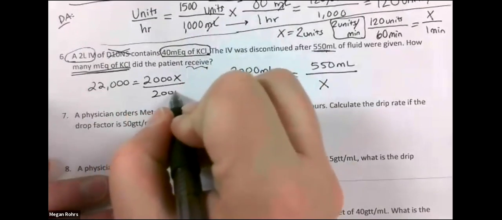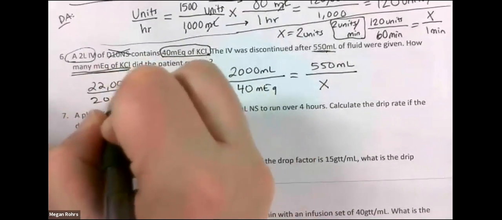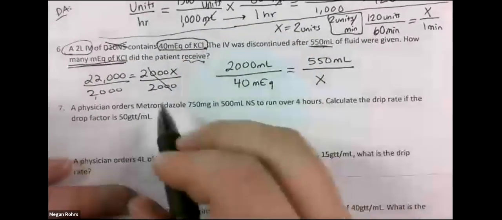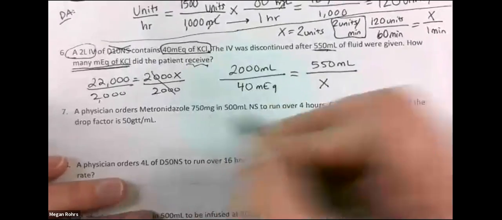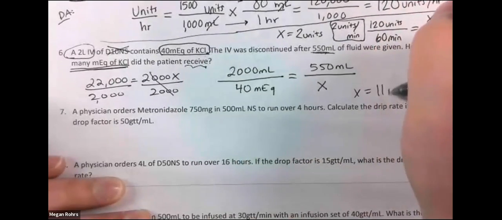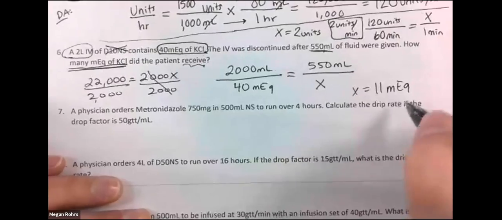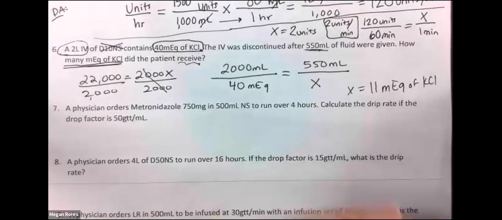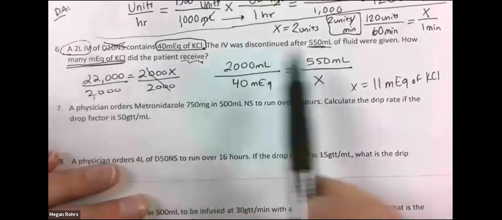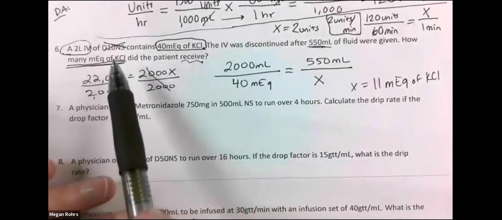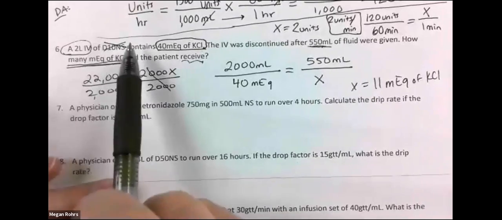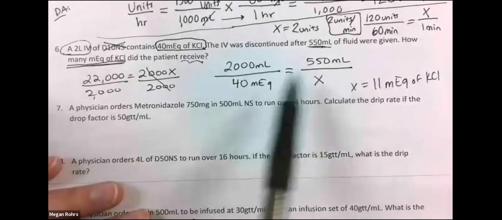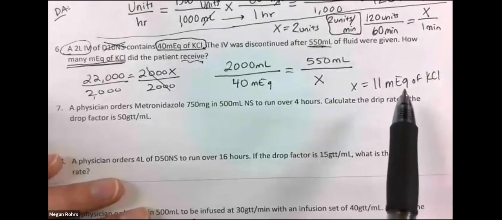So we're going to divide by 2,000, divide by 2,000 here. And that leaves me with 11. So x equals 11 milliequivalents of potassium chloride. So in some of these word problems, you're really going to have to read it a few times, throw out what you don't know, set what you do know equal to what you are looking for here.